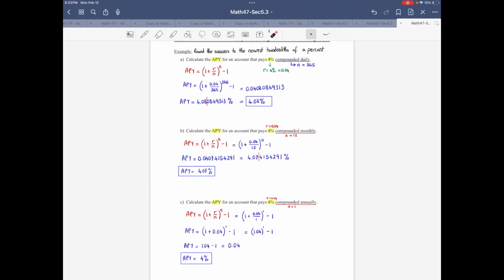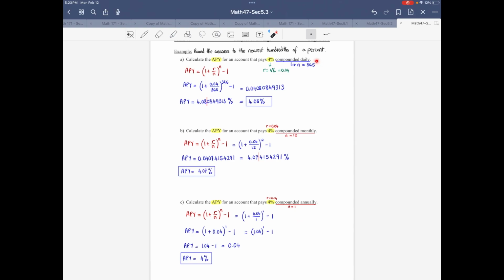These 3 examples, they all have 4% APR, which is 4% interest rate per year. The only difference is that this one is compounding 365 times a year. This one is compounding 12 times a year. And this one is compounding once a year.